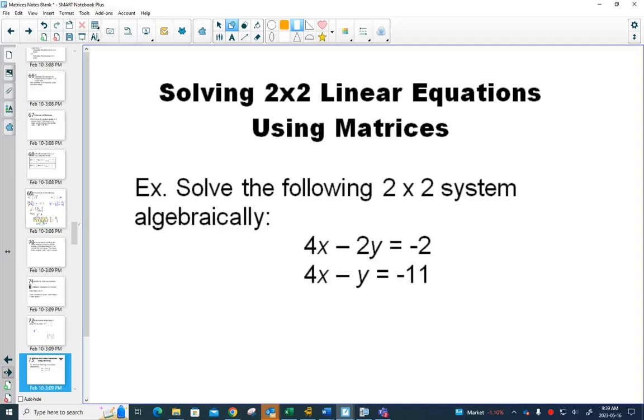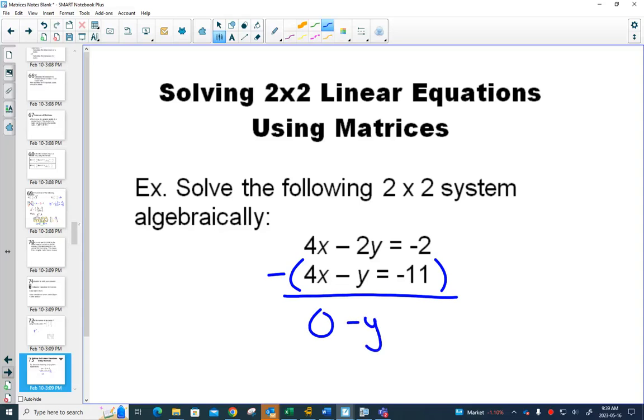Because right now, if I was doing this one, I would be like, ooh, I'm going to subtract because that eliminates my x's. -2y subtract a y, that'll give me -y. -2 subtract -11 will be -2 plus 11, which will be 9. And so y is equal to -9. That was so hard to figure out.